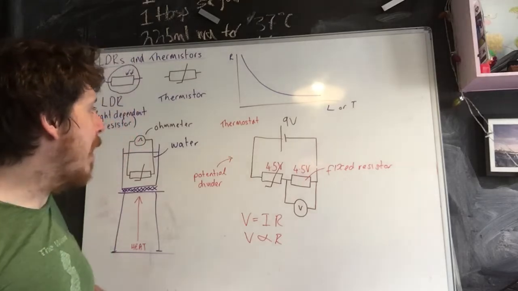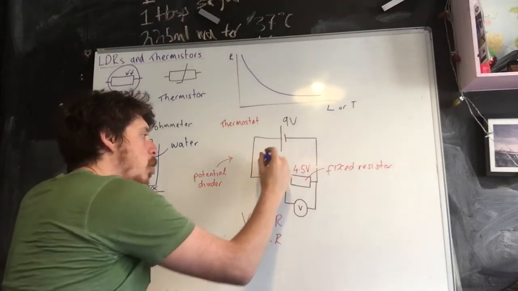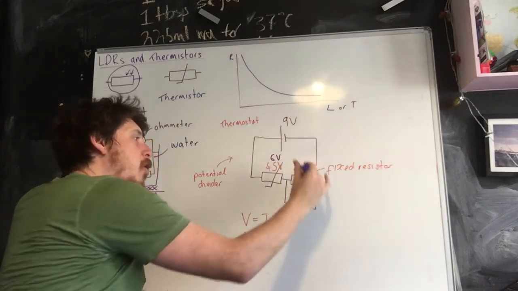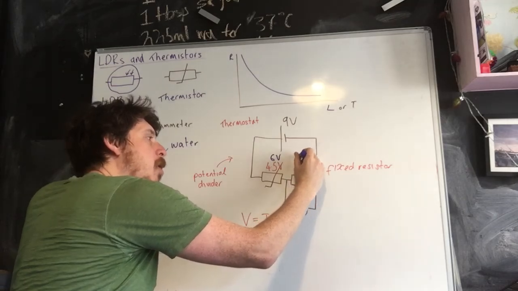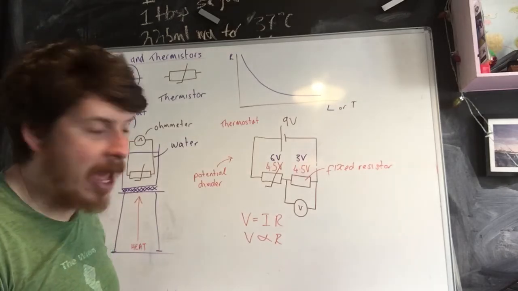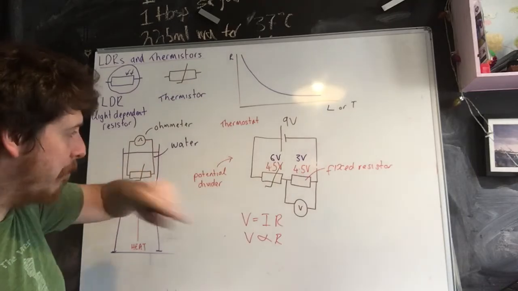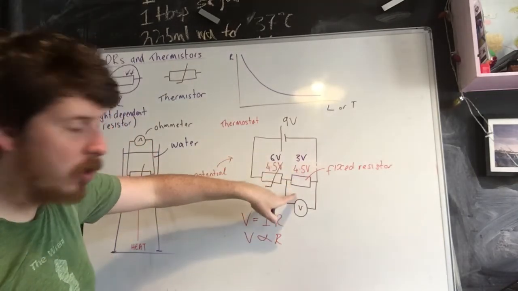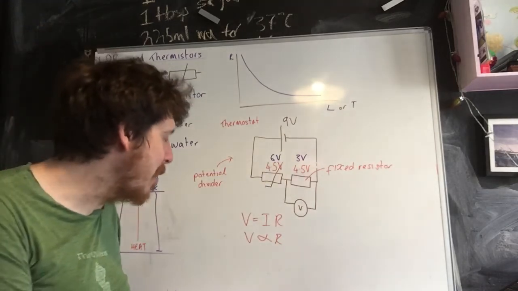Now if this gets cold, its resistance would go up, and that will make up a value of 6 volts. Therefore, this one, which is the same, would get a lower voltage share, because this one has taken more voltage in the circuit, so the voltage across this would drop. It is this drop in voltage across this fixed resistor which would cause a thermostat to kick in.